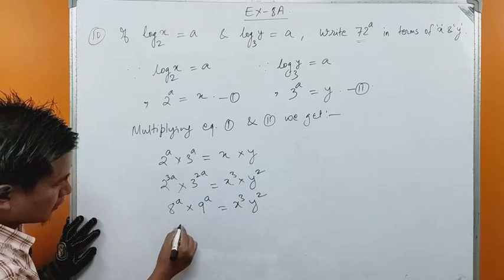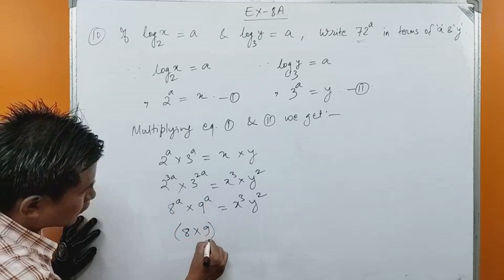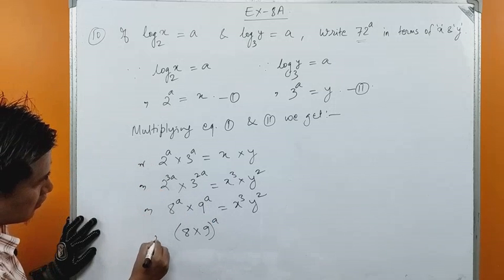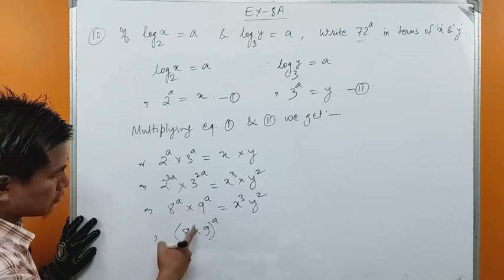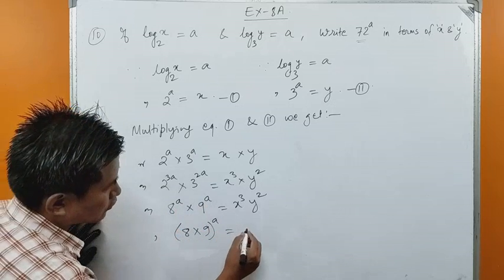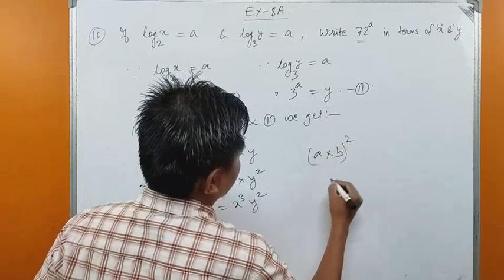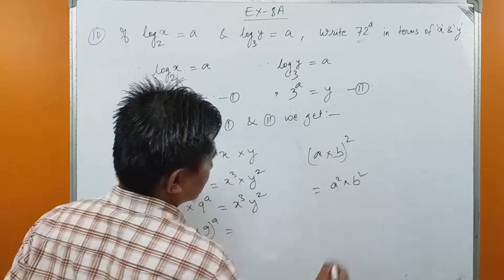So 8 into 9, same power, isn't it? So I write 8 into 9 to the power a. 8 and 9 have the same power, so 8 into 9 whole to the power a equals, if I have a into b whole square, this means a square into b square, isn't it?